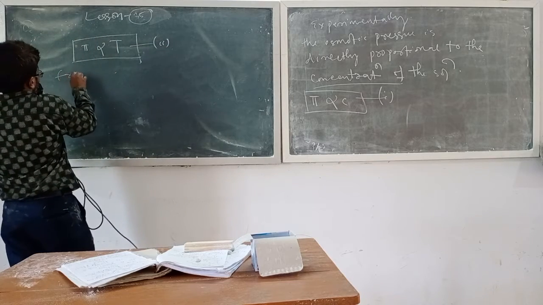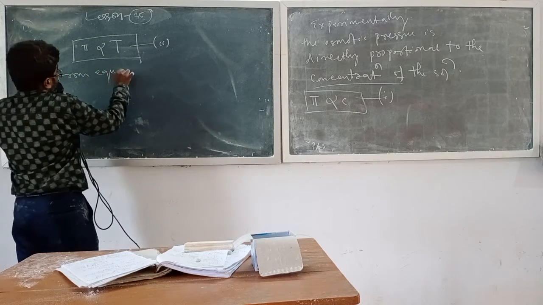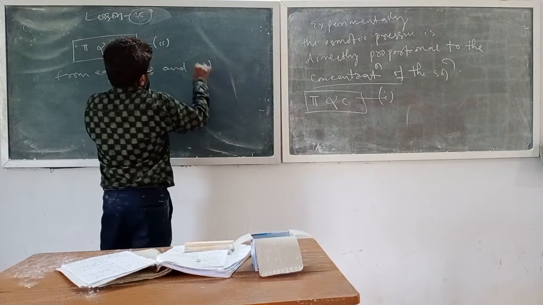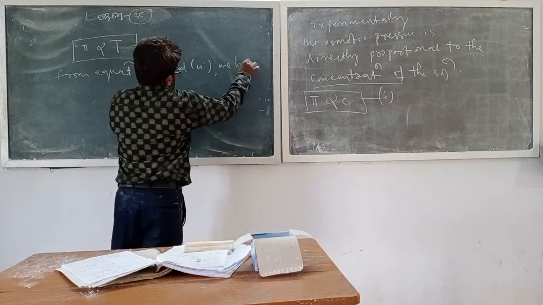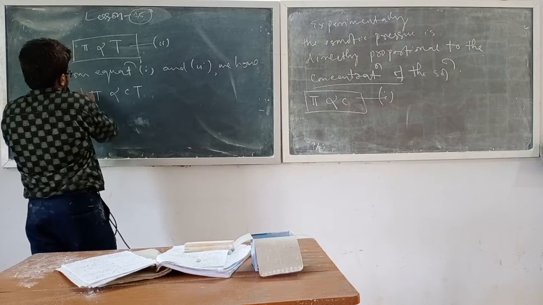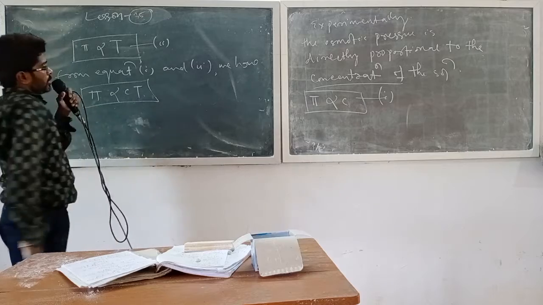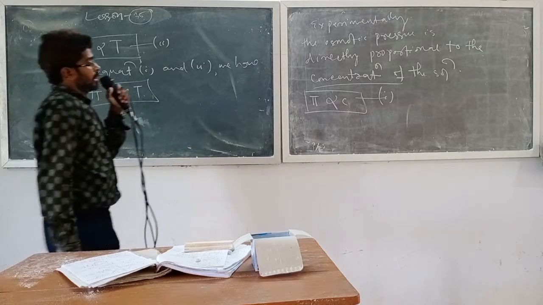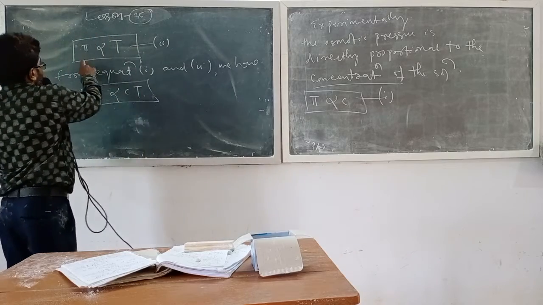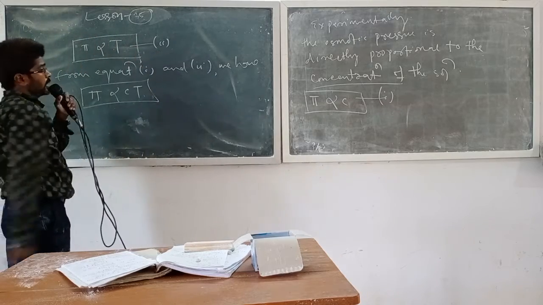From equation 1 and equation 2, we have pi proportional to CT. So pi is proportional to concentration, and pi is proportional to temperature. That means pi proportional to CT.